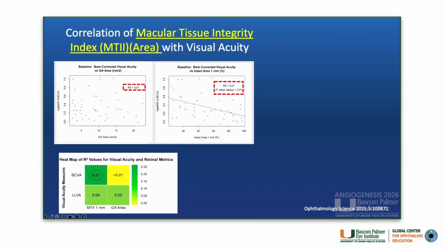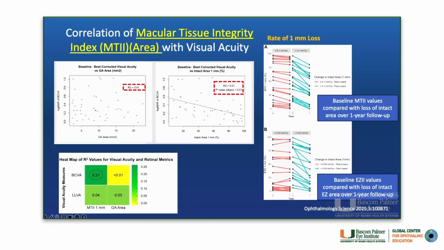And we've shown that unlike the area of geographic atrophy that does not correlate to baseline visual acuity, the amount of macular tissue you have in that center 1 millimeter, while it's not explaining everything, the R-squared value is 0.21, again explaining that there is some correlation with visual acuity and that center 1 millimeter.